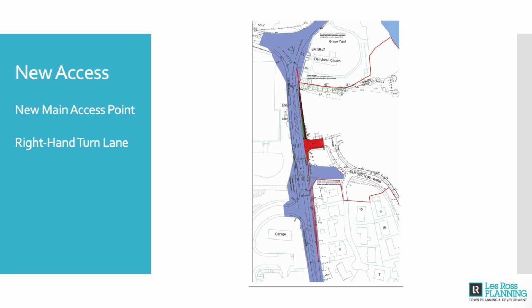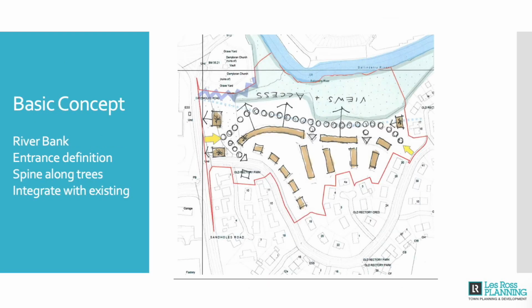It shows you that you'd have a right-hand turn lane to enter the site whenever you're travelling northwards along the Sandholes Road, and you'll also see that the old access beside number 1 is being closed up and removed. So that's generally the roads access concept. Now, as I say, that's not the most up-to-date drawing, but that shows you how it's going to be laid out.